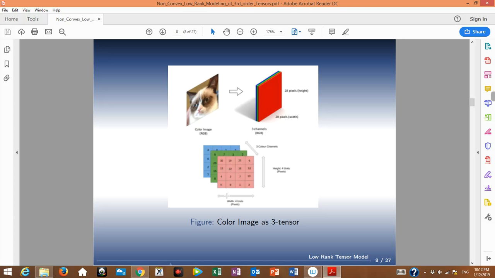In the third direction there are 3 matrices, so the third direction has dimension 3. That means we can consider a color image as a tensor.